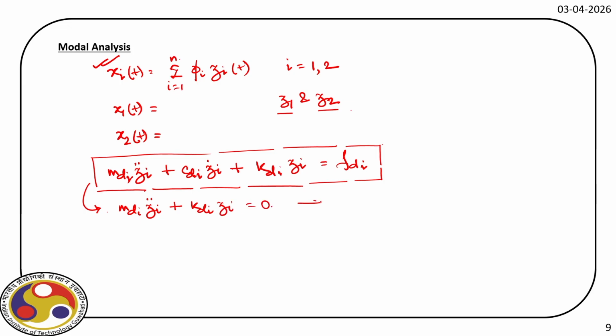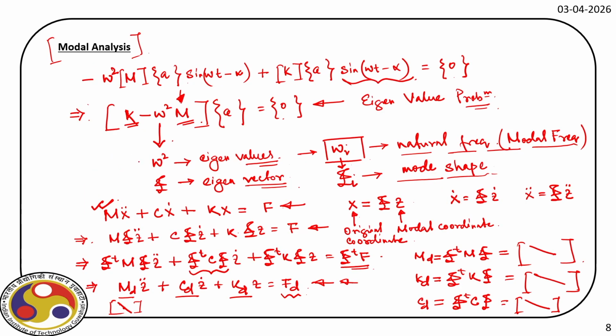From here, we get omega i is equal to square root of KDi by MDi. Remember, these are the ith modal mass and ith modal stiffness, and the same natural frequency you have already obtained from the eigenanalysis.